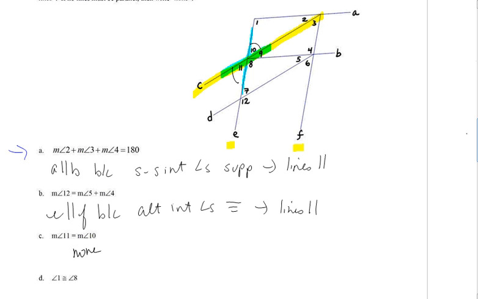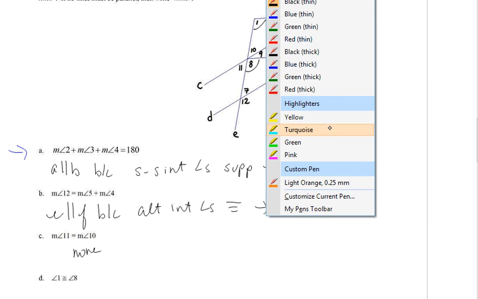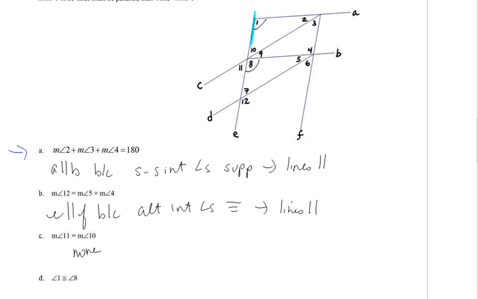Alright, finally we've got 1 being congruent to 8. So let's mark that up. Here's 1. Here is 8. Okay, what line do they share? Well, that would be line E. So that's our transversal there.